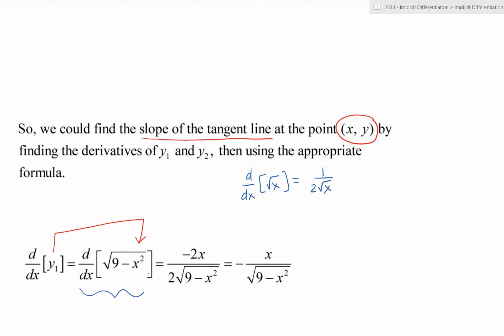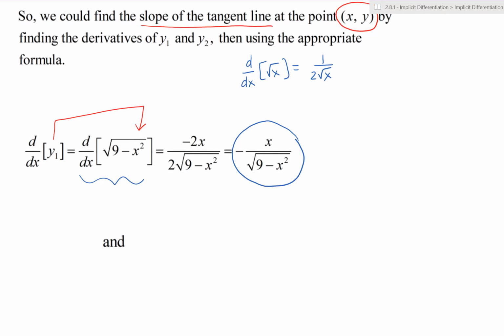I got to use the chain rule. So what do we get? Well, the derivative of the inner function 9 minus x squared is negative 2x on top, divided by 2 times the root of the inner function, which is 9 minus x squared, giving us the result negative x divided by square root of 9 minus x squared. So there's the derivative of y1 with respect to x.